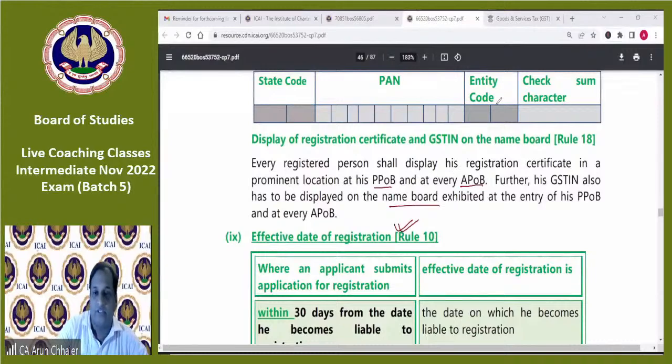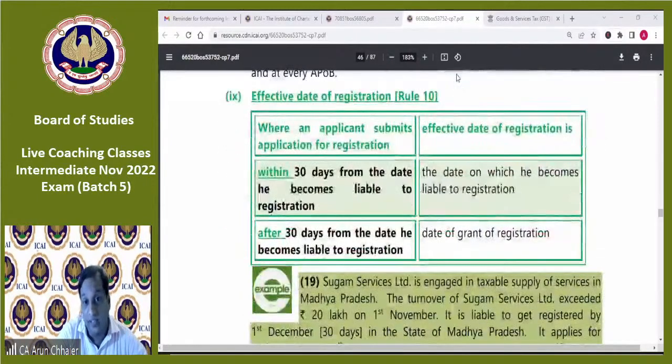Effective date of registration, Rule 10. What is the effective date of registration? Try to understand this. Suppose Mr. A was liable to take registration on 1 July 2022. It is the date of liability, DOL, date of liability to take registration.